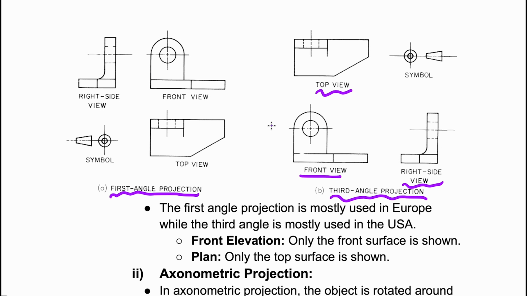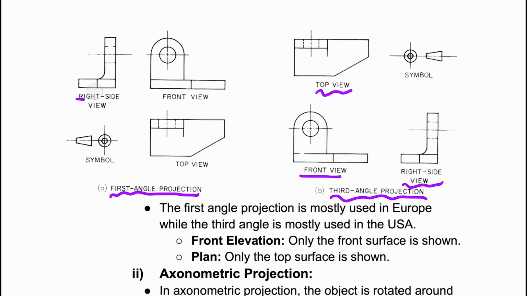But in first angle projection, it's kind of the exact opposite. It's reversed. The front view is still at the center, but the right side view is not on the right of this view, it's on the left of this view, and the top view is at the bottom of this view.